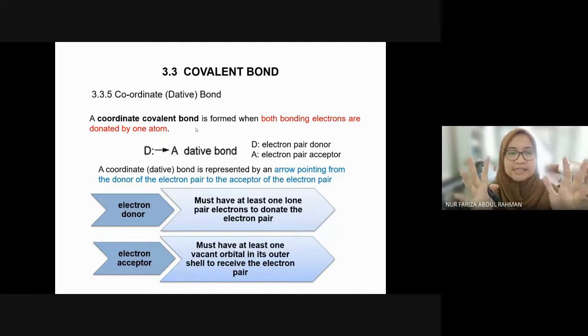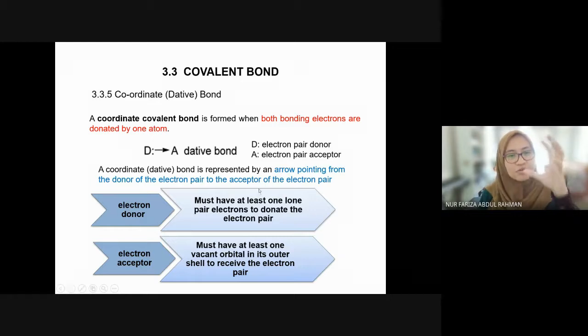That is the difference between coordinate and the normal covalent bond. So we can imagine it as, we have D and A, for example. D stands for electron pair donor, A stands for acceptor.